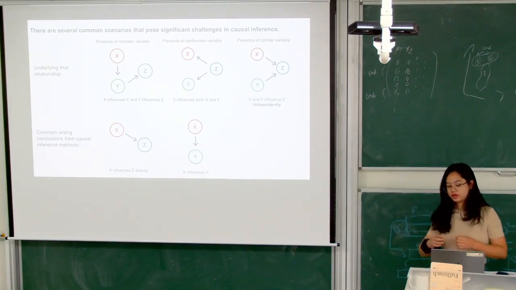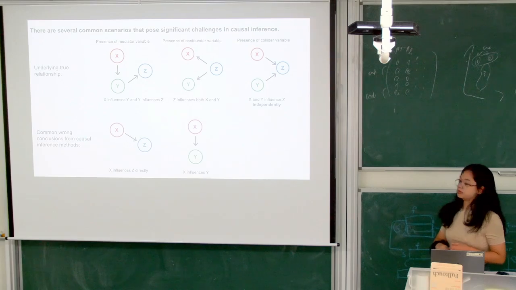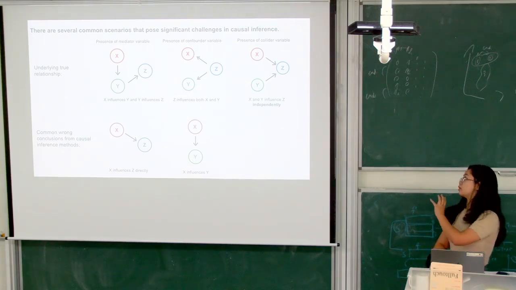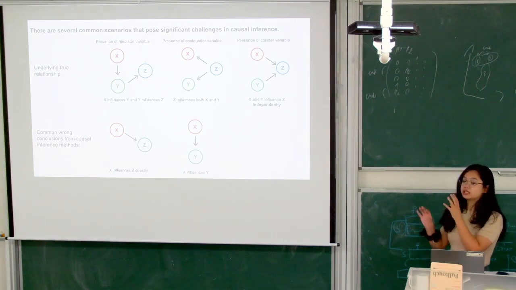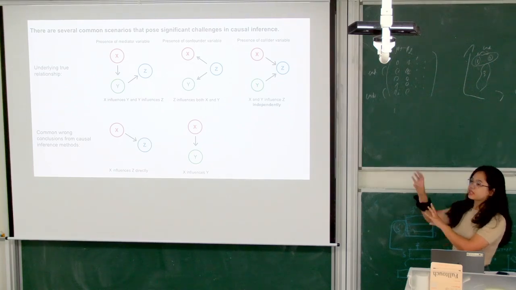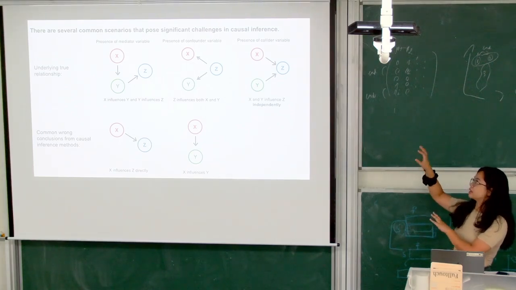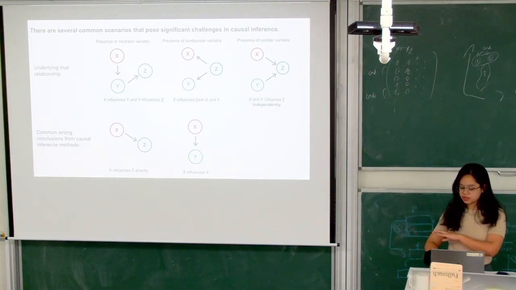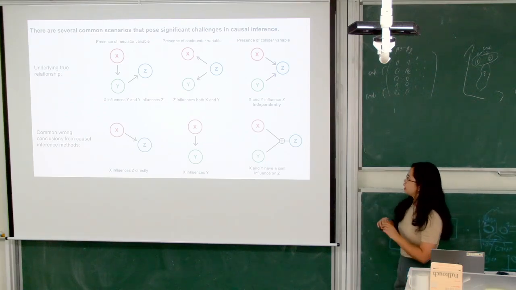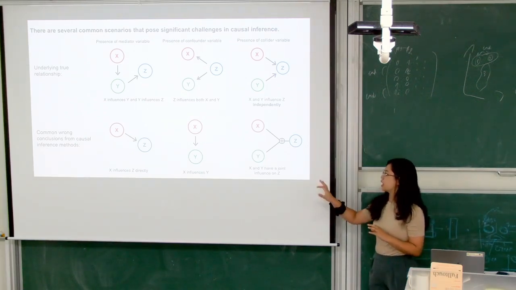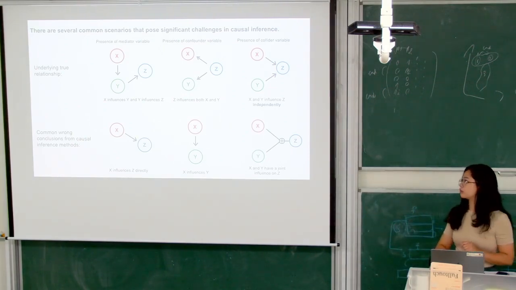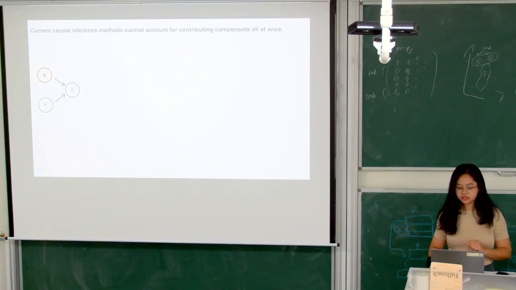And finally, for the last scenario, we have the presence of a collider variable. In this case, x and y both influence z independently, so the effect of x is exclusive from the effect of y. But sometimes causal inference methods infer that x and y have a joint influence on z. So these are just some of the common problems of the current methods.